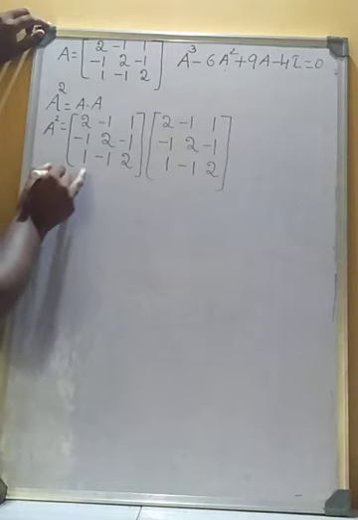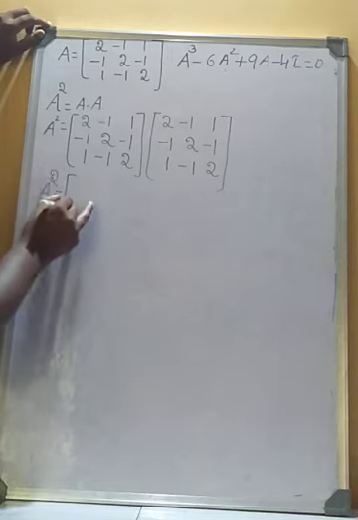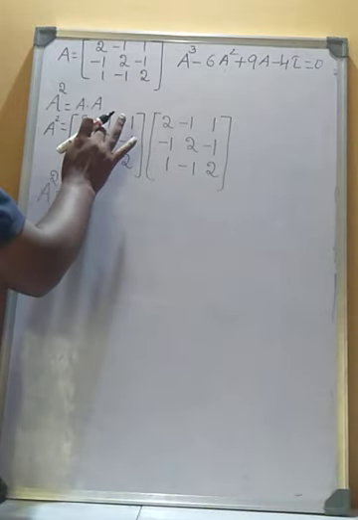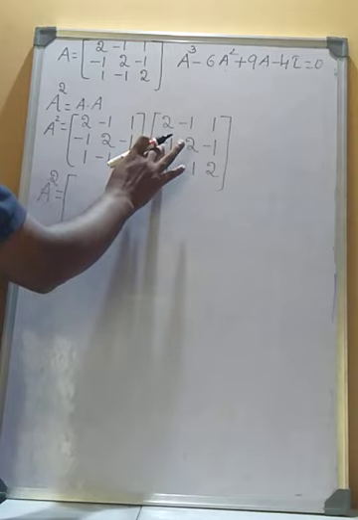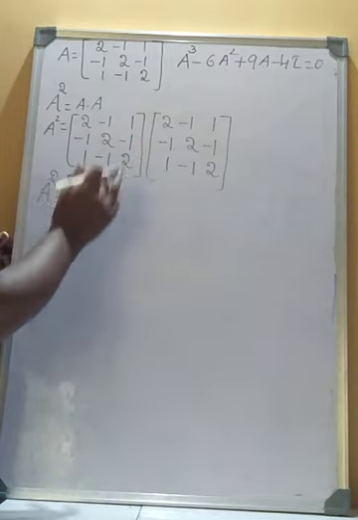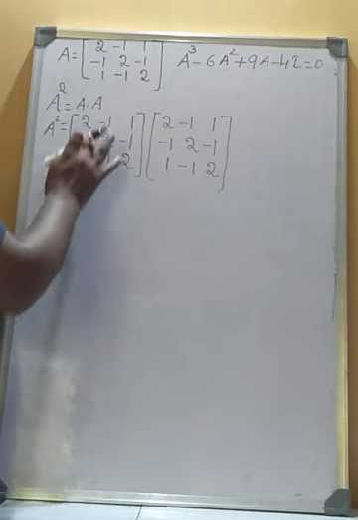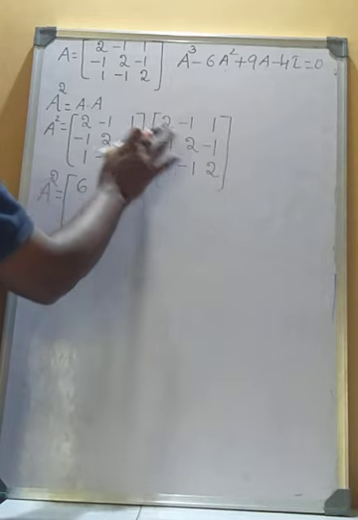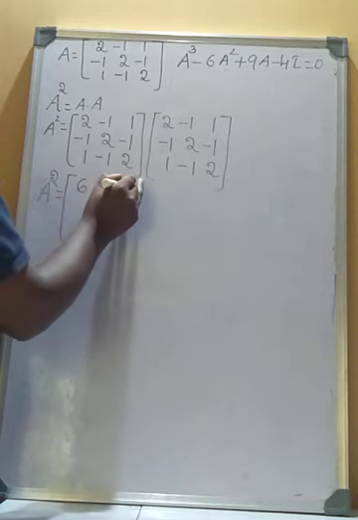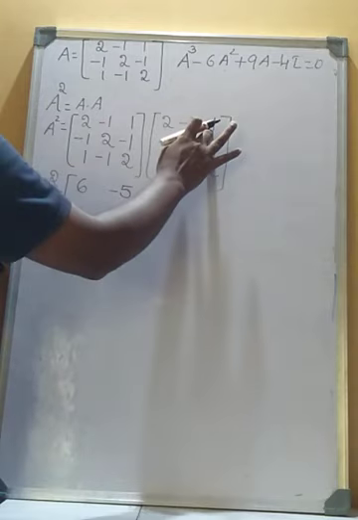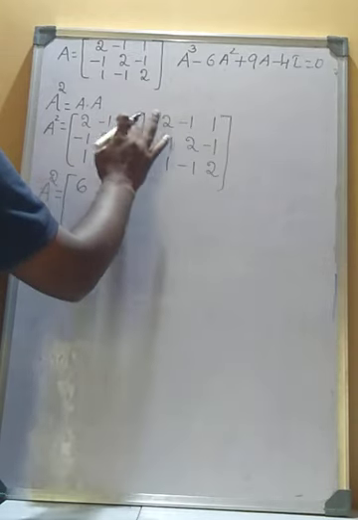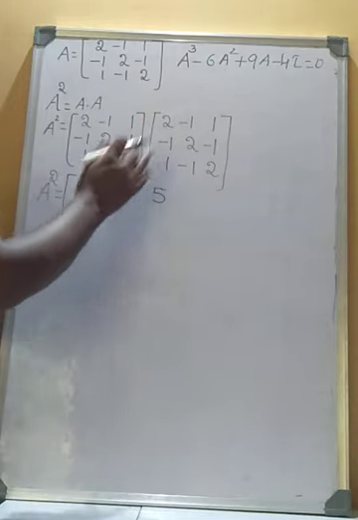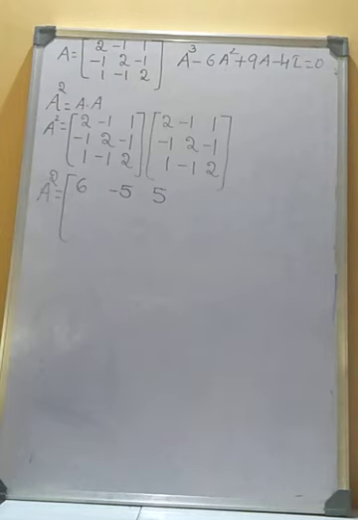Therefore A square is equal to: 2 2s are 4, minus into minus plus 1, 1s are 1, plus 1, 4 plus 1 plus 1 is 6, minus 2 minus 2 minus 1 is minus 5, 2 plus 1 plus 2 is 5.